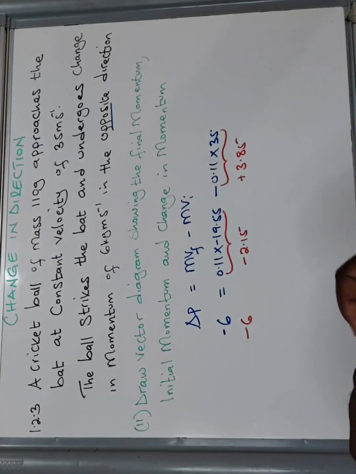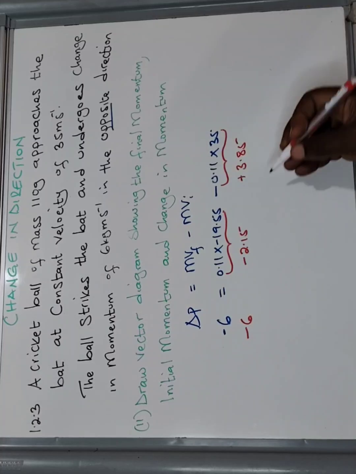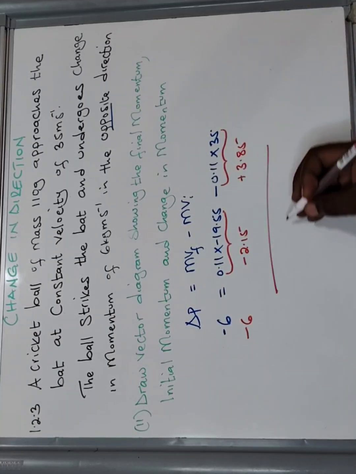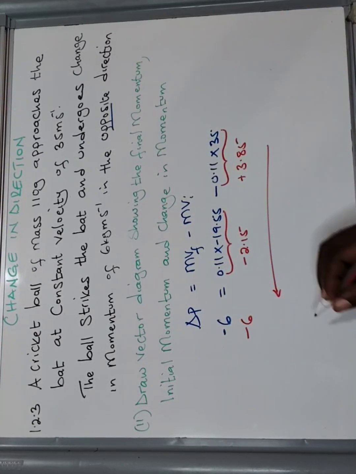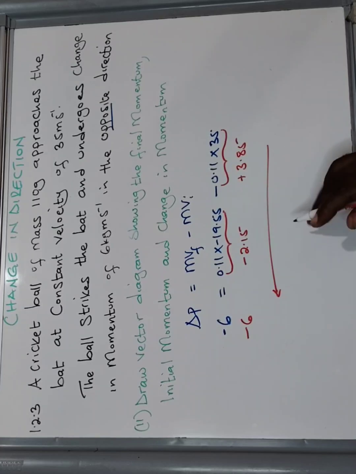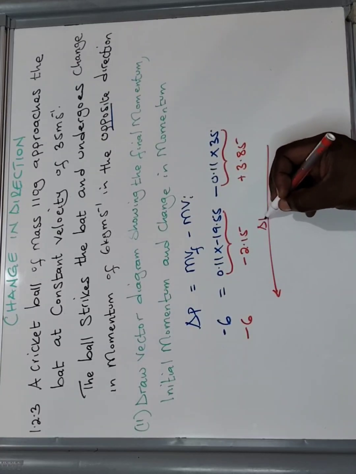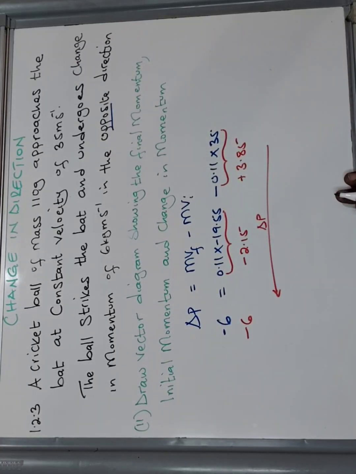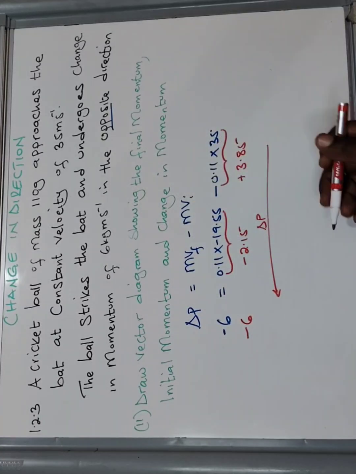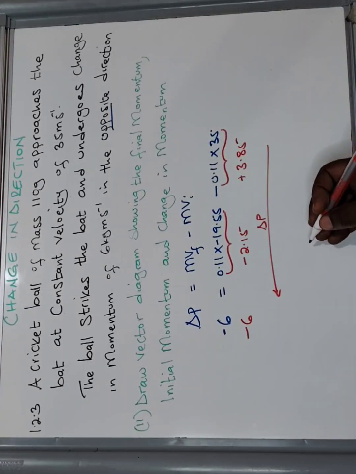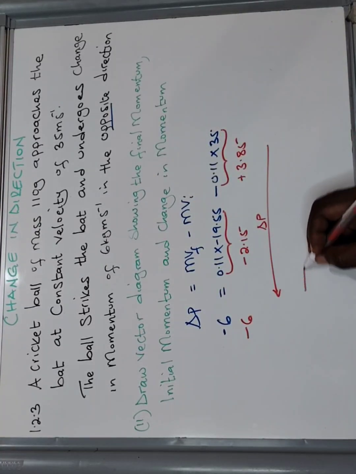Now I want you to know that normally I'm right-handed, and I normally take right as positive. So if that is the case, this is going to be my delta P. What else do I know? I know PF is also negative. So I draw it there.